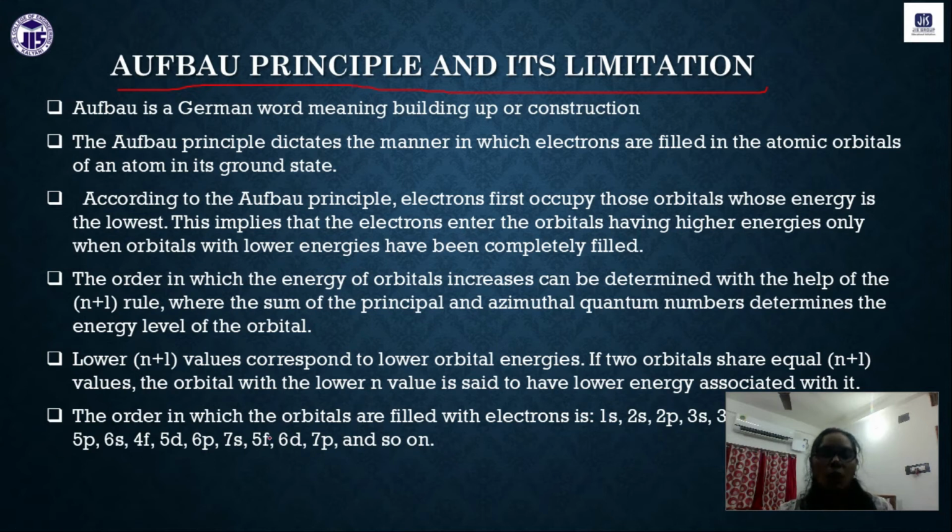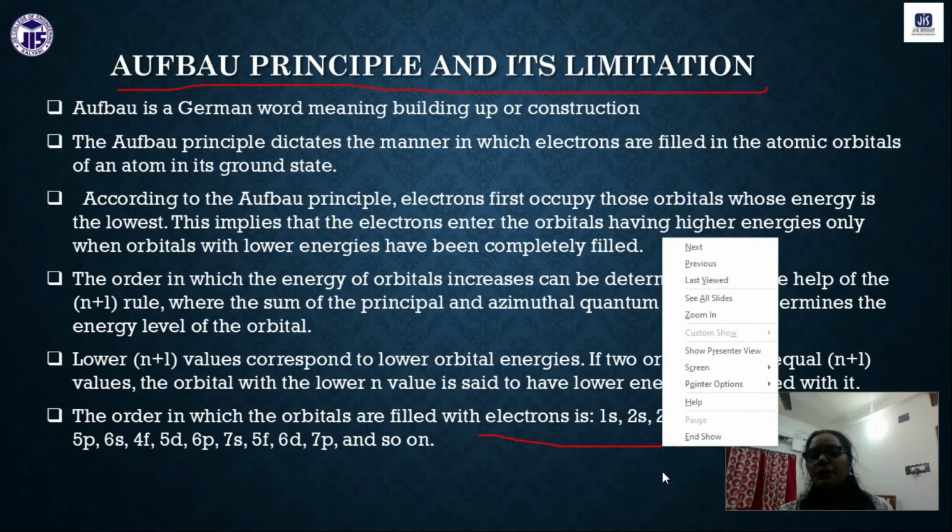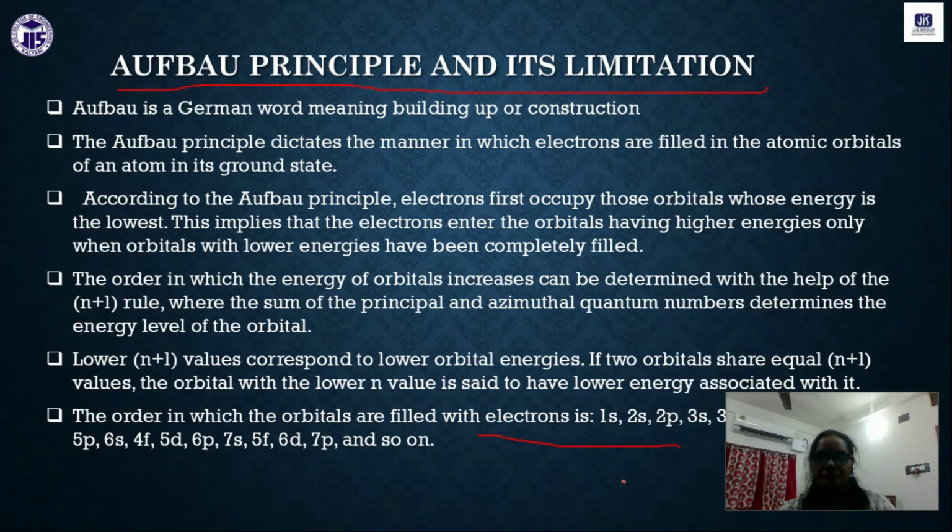The order in which the orbitals are filled is 1s, 2s, 2p, 3s, you can see here. Aufbau is a German word meaning building up or construction. That means if you know the Aufbau principle, you can accommodate the electrons in the energy levels.